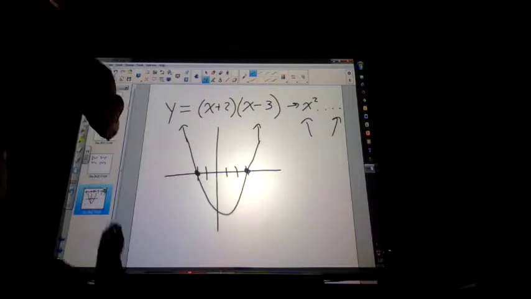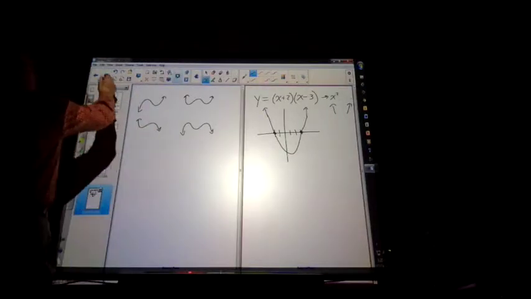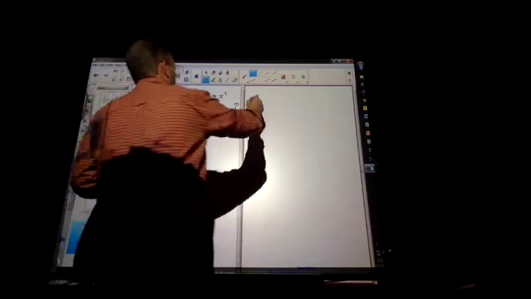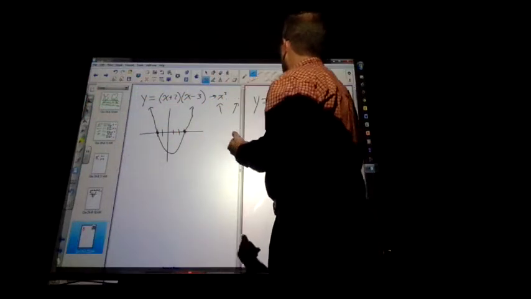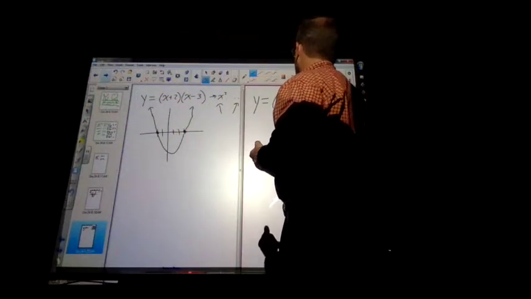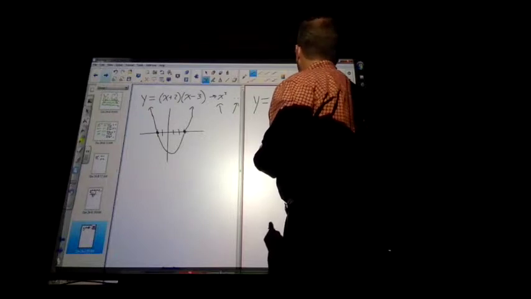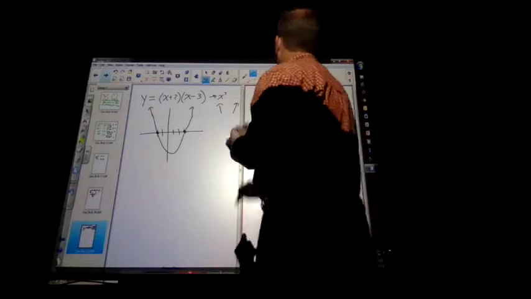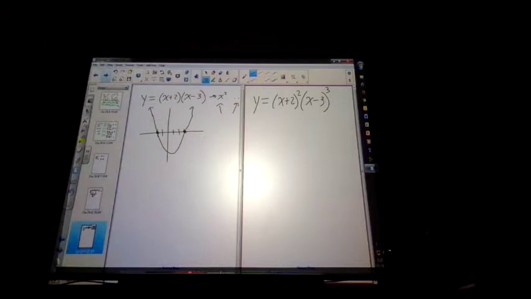Now, what happens if I change this graph just a smidge? What if I change the graph to this? Yes. Why is it an odd degree? How do you know?